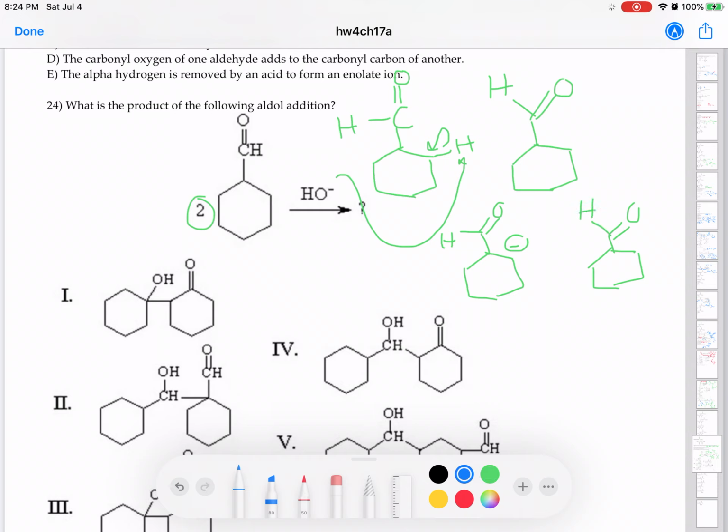So this will go and attack this carbon and open up the pi bond. So you are going to make a bond between this carbon and oxygen. So you can redraw the structure like this.